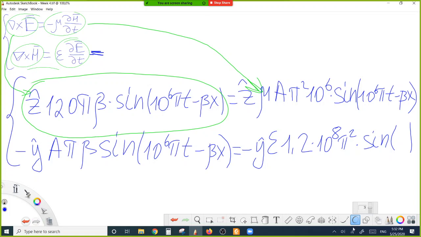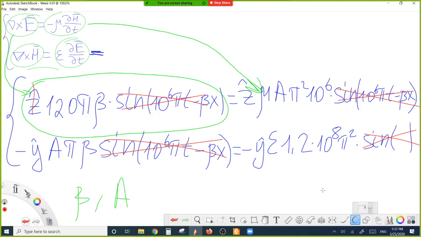So first of all, let's look at our system. From both sides we can simplify sine 10 to the 6 pt minus beta x. Also here we can simplify sine.